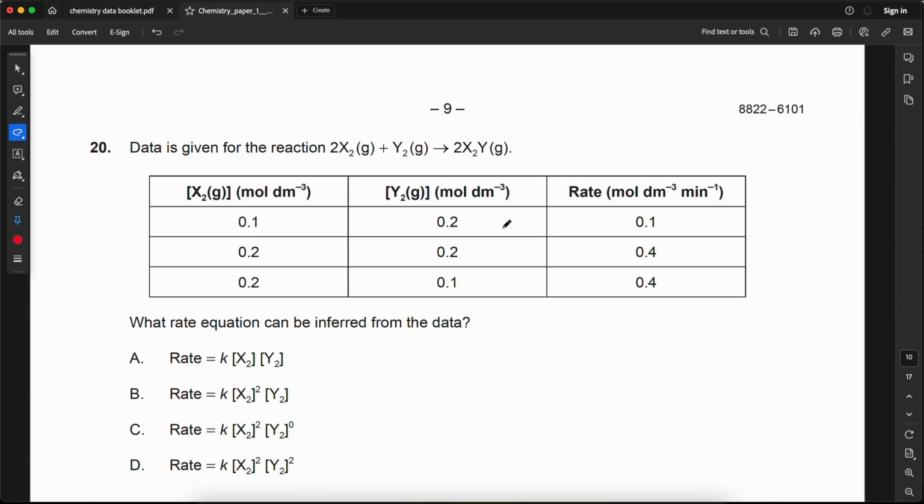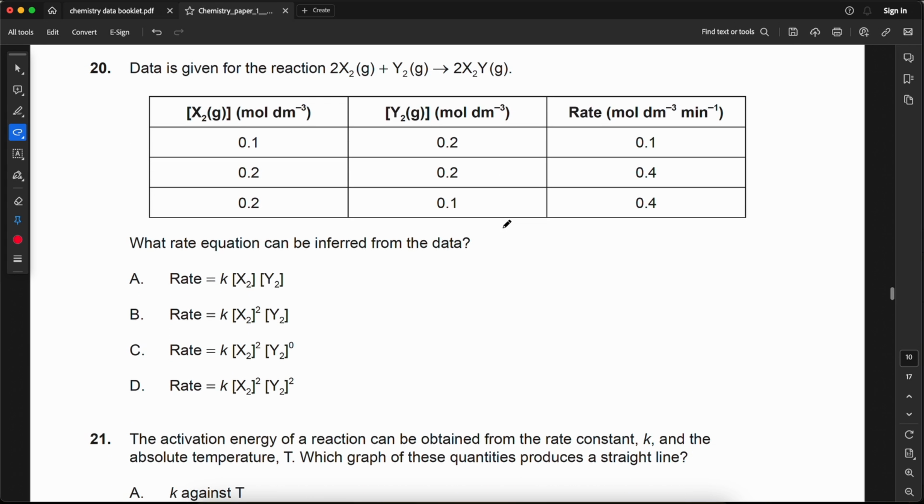Data is given for the reaction 2X2 plus Y2 produce 2X2Y. What rate equation can be inferred from the data? We see these two are the same, therefore we can find the order of reaction of X2. Double the concentration, quadruple the rate, therefore for X2, second order.